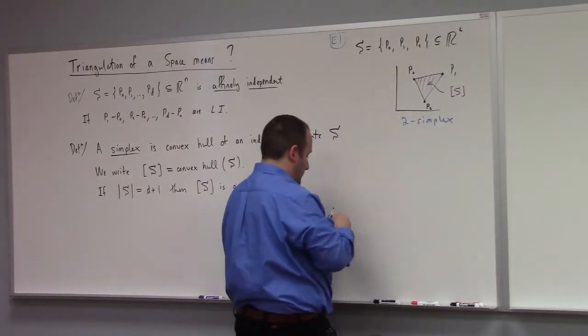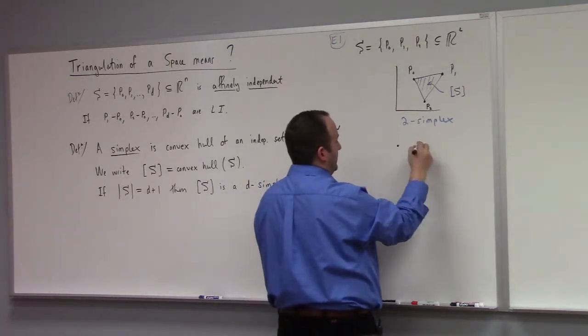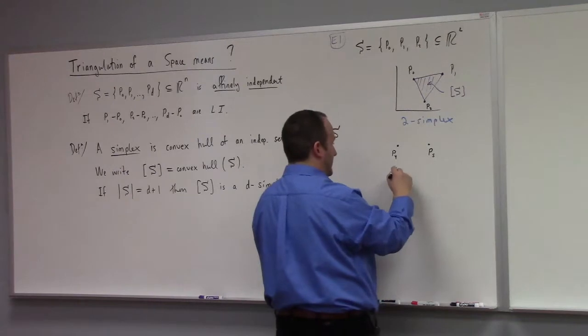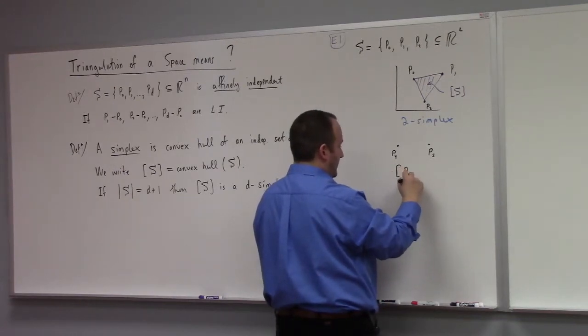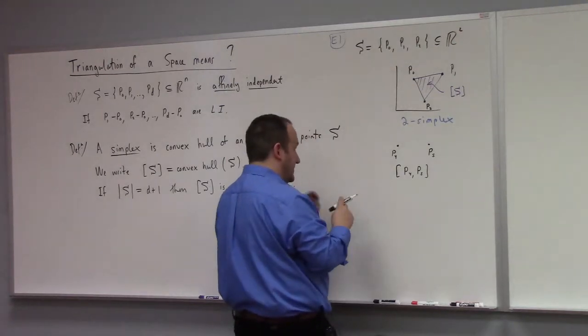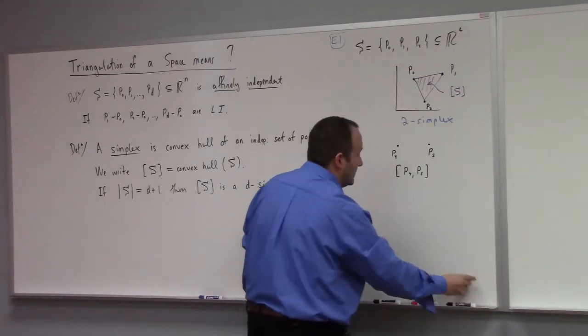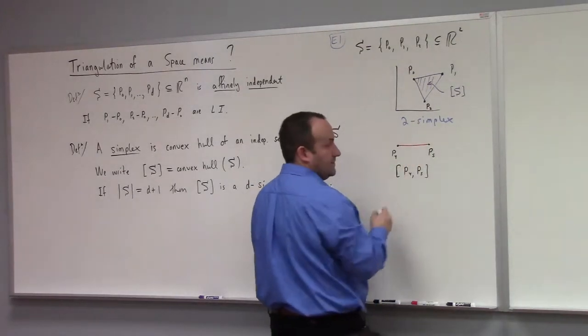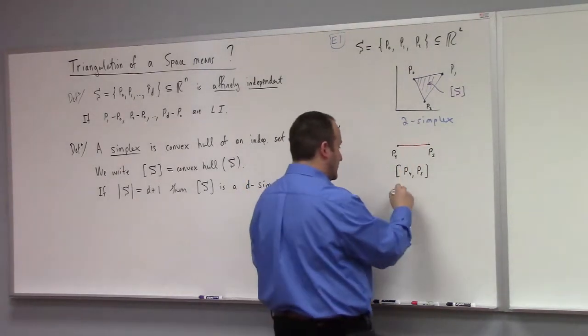If I had a P4 and a P5 down here, and I looked at P4, P5 like this, that would be a 1-simplex. It would just be, as a point set, the line segment.